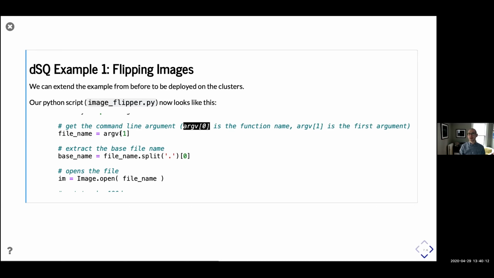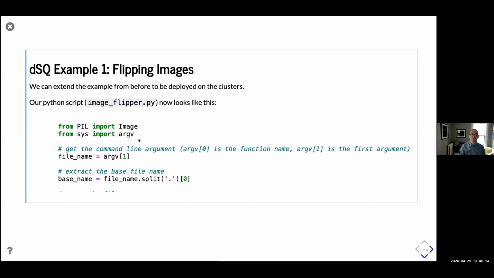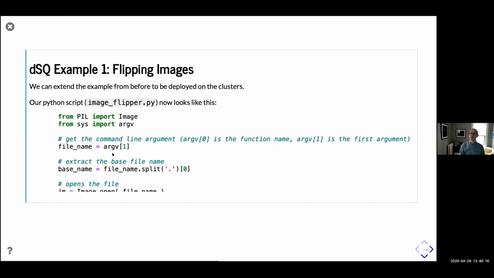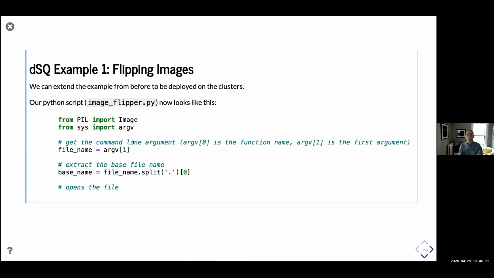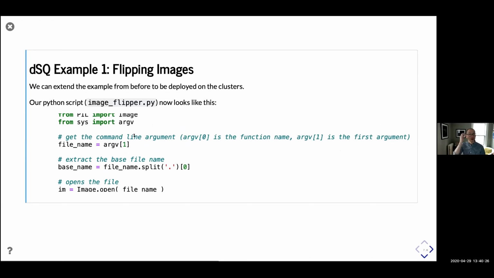This is a very, very simple way to do command line arguments. There are much more sophisticated ways that use specific libraries like argparse or optparse. Once you get into more complicated things, that's helpful. This is just a bare bones way to do it.